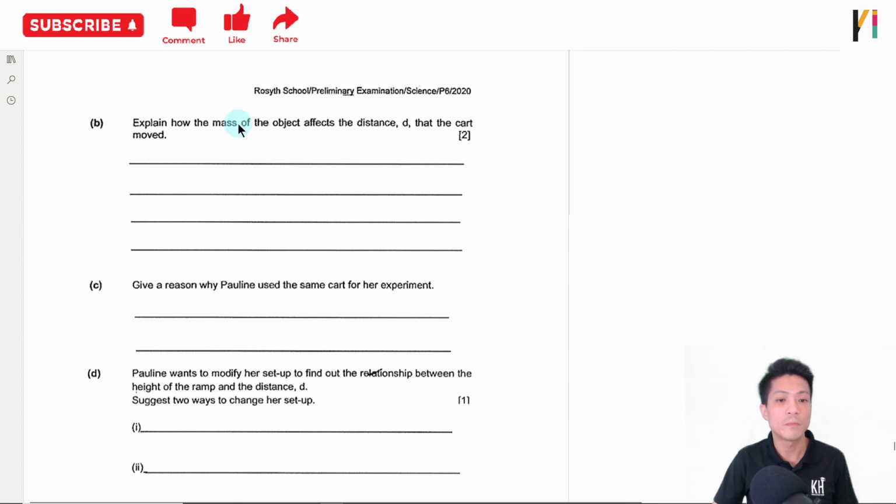Okay, so explain how the mass of the object affects the distance d that the cart moves.